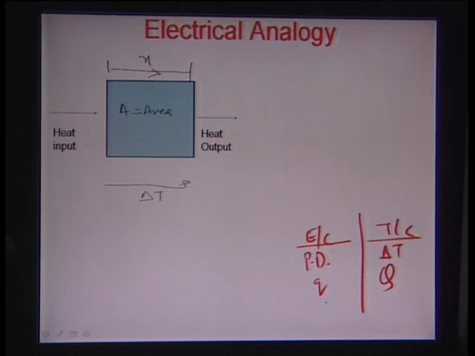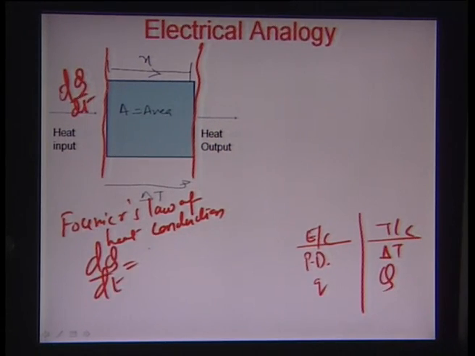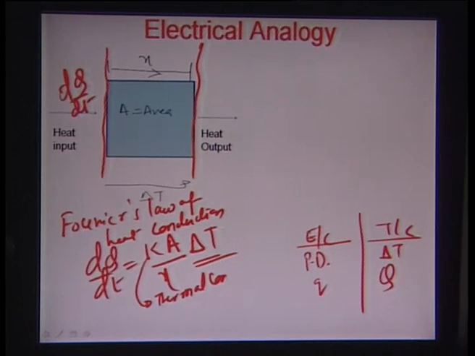So here by Fourier's law of heat conduction, if we really look at the heat transfer between these two faces here and here, the dq by dt, the rate of flow of heat, is essentially represented by K A by x times delta T. The K here is the thermal conductivity of the material.